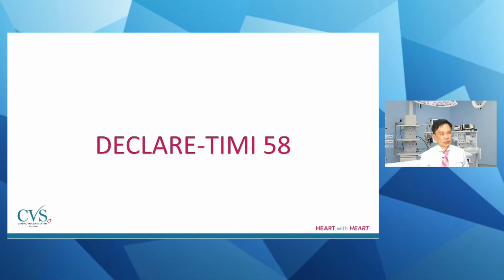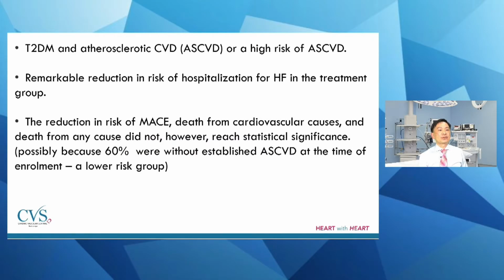Another trial which I want to talk about briefly is the DECLARE-TIMI trial, which was for type 2 diabetes with an atherosclerotic cardiovascular disease or a high risk thereof. It showed a marked reduction in hospitalization for heart failure, but it did not reach statistical significance for the reduction of death from any cause.